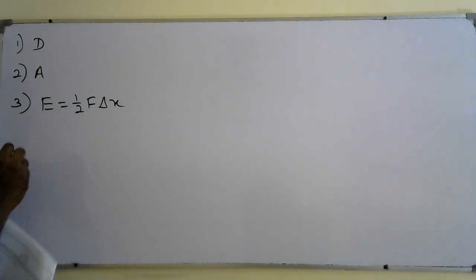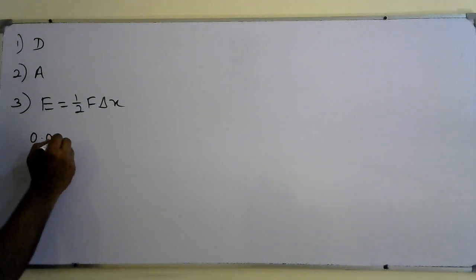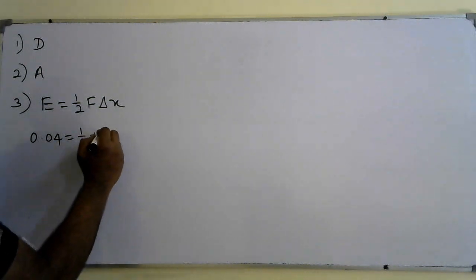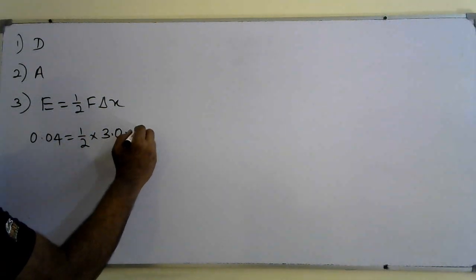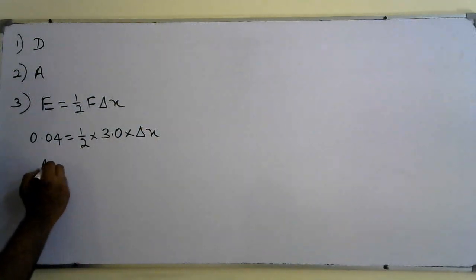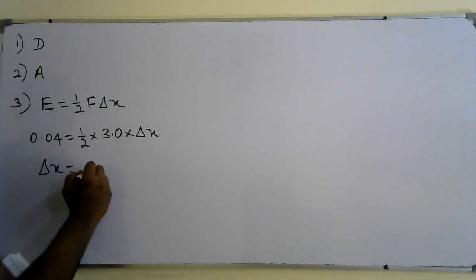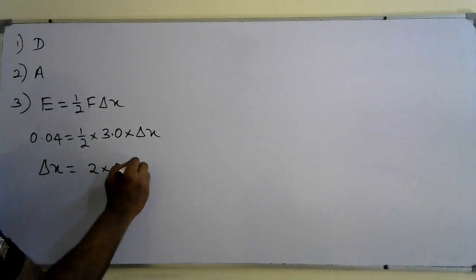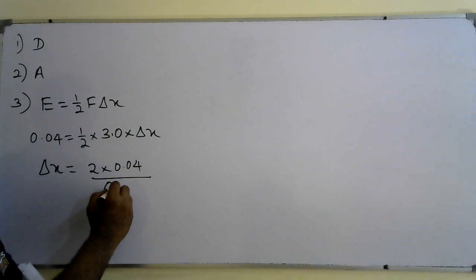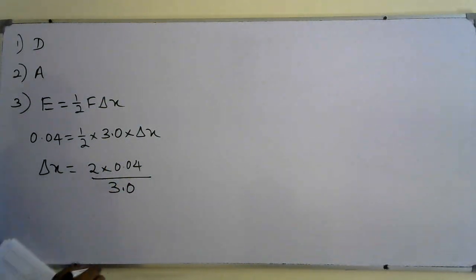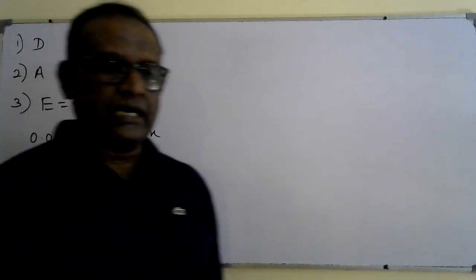So the energy is 0.04 equals half times the force, 3.0, times delta X. Make delta X the subject, and you will get 2 times 0.04 divided by 3.0. So the correct answer for question number 3 is A.